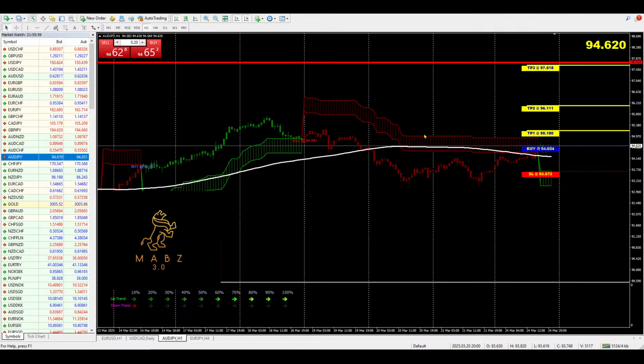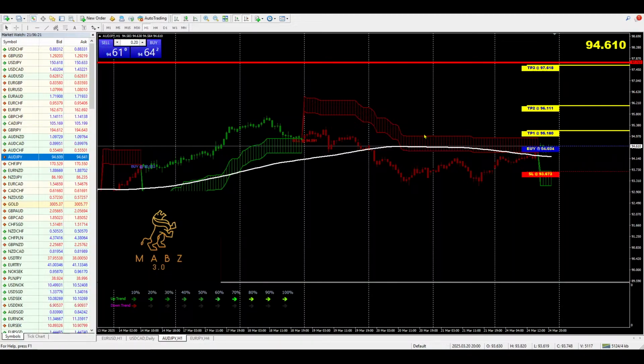So somebody who's trading with maybe $10, and somebody who's trading $10,000, for these two traders to risk 10% of their account, for example, they're going to be using different lot sizes.